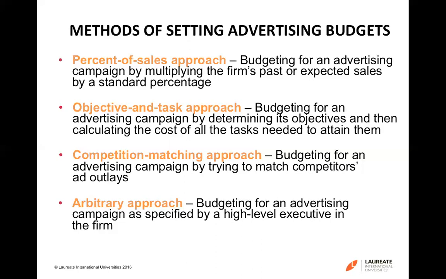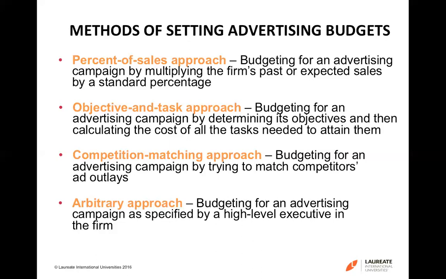We look at the marketing objective, we convert that into advertising objective. And then from that advertising objective, we outline the tasks that we need to deliver. And each task basically means cost for the business. And from there, we can tell how much money we need to spend.